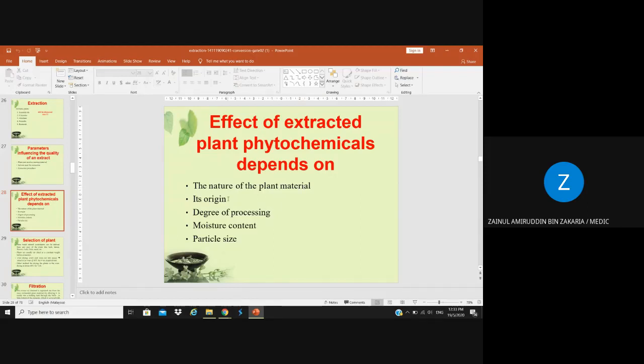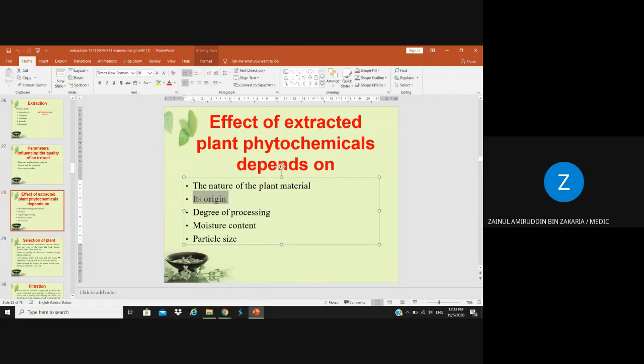Okay. And then its origin, as I told you, whether it is from Kedah, from Thailand, from Africa, wherever the sample came from, you need to record it so that you know.